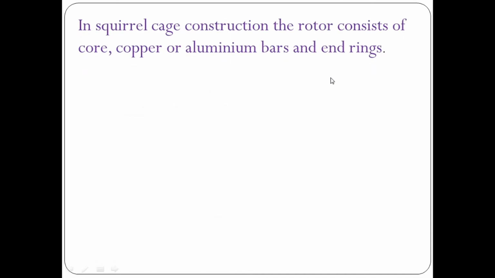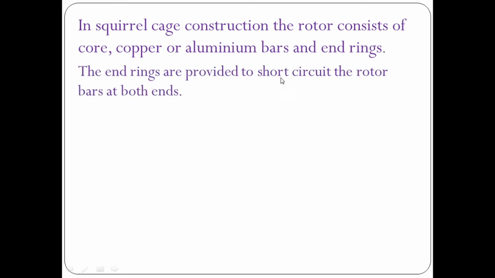In squirrel cage construction, the rotor consists of core, copper or aluminum bars and end rings. The end rings are provided to short circuit the rotor bars at both ends.